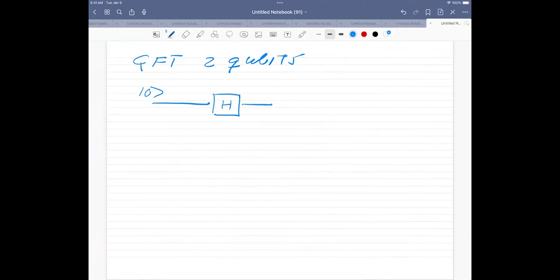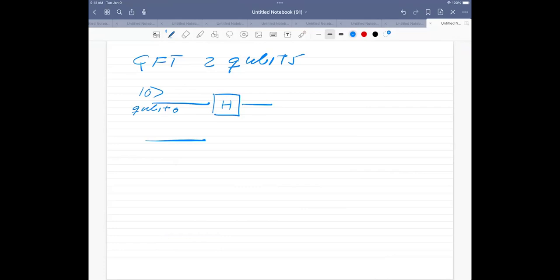Then, and here's an important thing, when we're looking at this rotation, we can actually have a rotation on the second qubit, or we can just leave it on the first qubit. It's going to give the same result, and you will see why. So this is the first qubit, so we can just call this qubit 0.